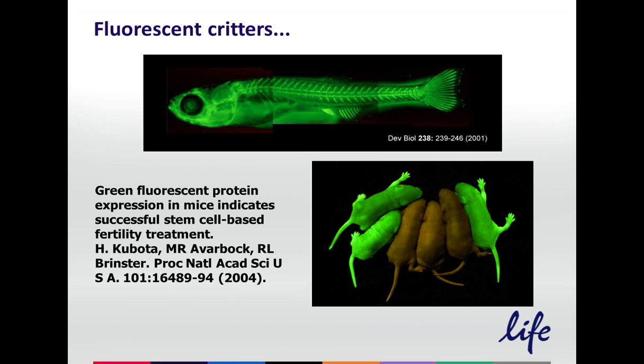Now, since that initial characterization, there have been untold numbers of papers where researchers have been able to take that sequence and express that protein in bacteria, in cells of all sorts of different types, including humans. Here you can see mice and zebrafish. There have been monkeys and rabbits.